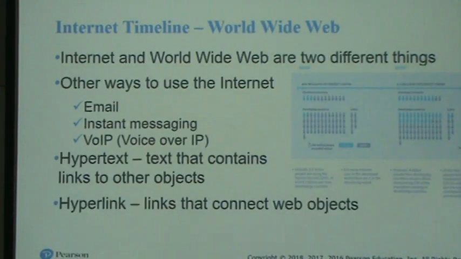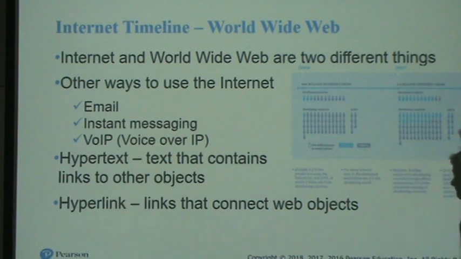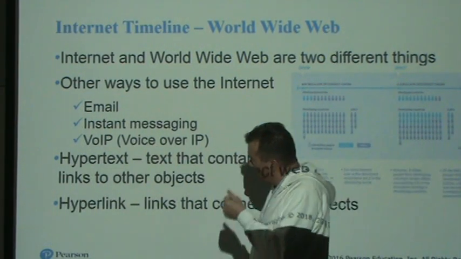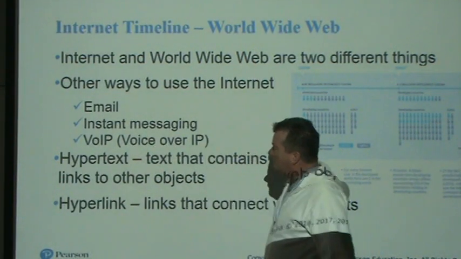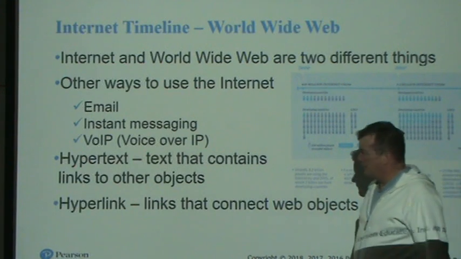Okay, so the internet and the World Wide Web are technically 2 different things. There are other ways to use the internet besides sending messages back and forth, such as emails, instant messages, and even voice over internet protocol.